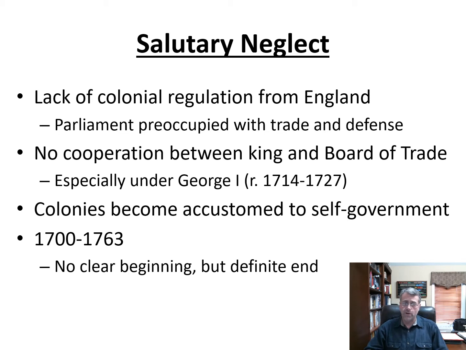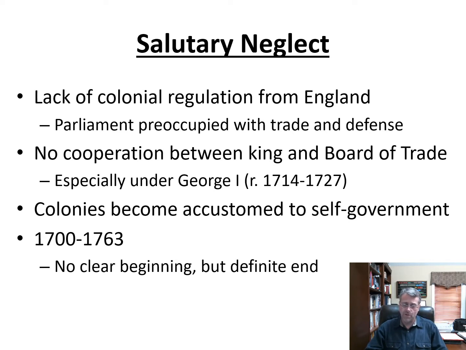Long story short, this lack of cooperation between the king and the Board of Trade is going to be just something else to keep England's attention focused on something other than what's going on in its colonies. Over this time period, the colonies will become very accustomed to doing things on their own, to limited self-government.